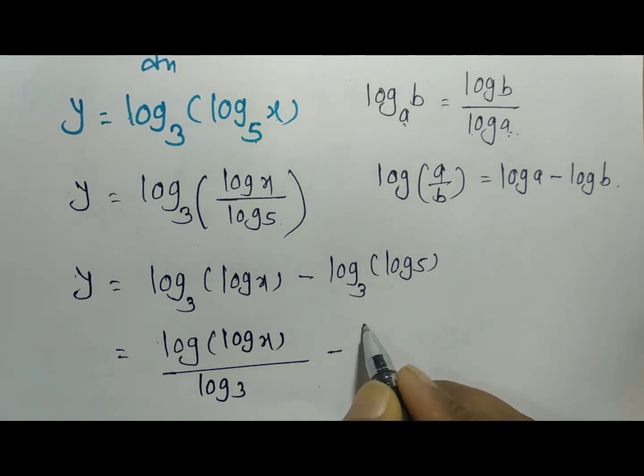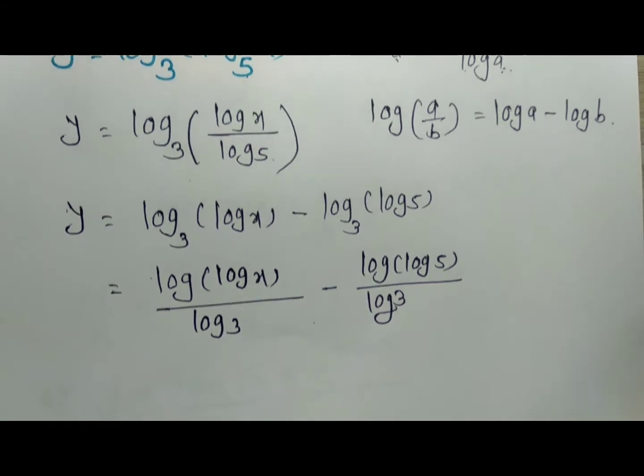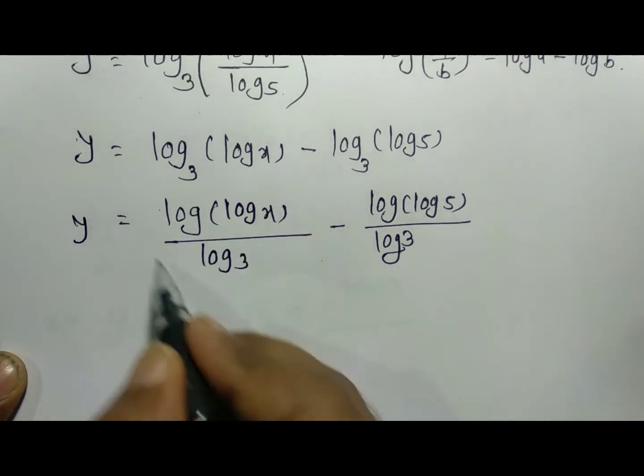Similarly, minus log 5 divided by log 3 is here.